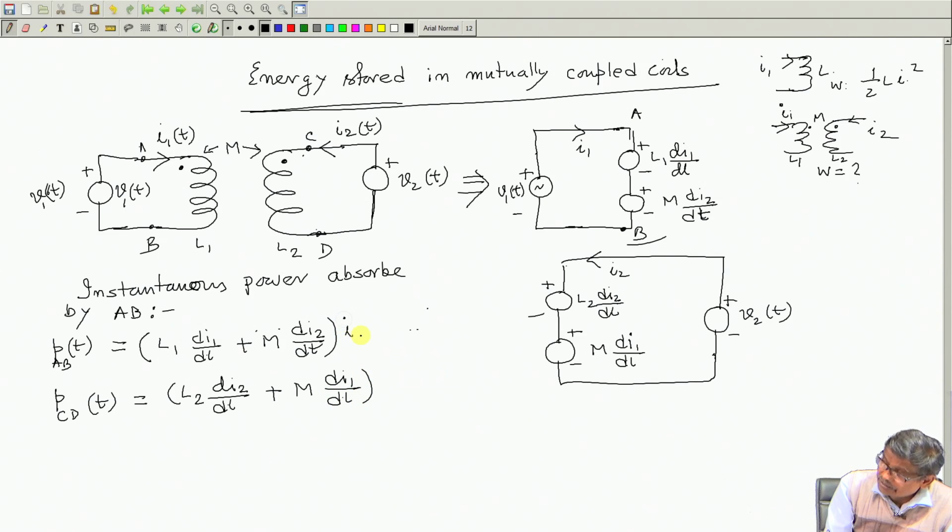Here it must be multiplied by I1 and here it must be multiplied by I2, voltage into instantaneous current. This will be the thing.